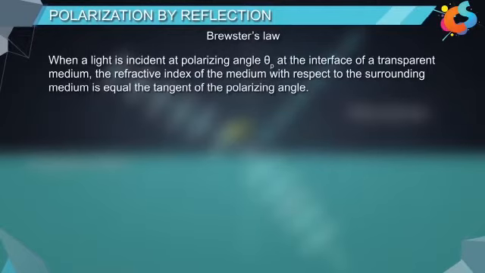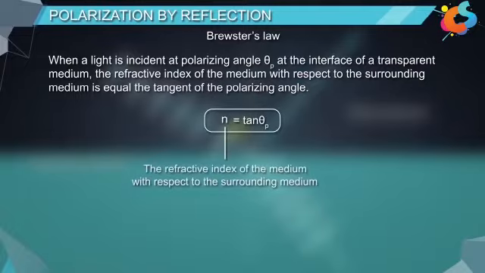Brewster's law states that when a light is incident at polarizing angle theta p at the interface of a transparent medium, the refractive index of the medium with respect to the surrounding medium is equal to the tangent of the polarizing angle. That is, n is equal to tan theta p, where n is the refractive index of the medium with respect to the surrounding medium.